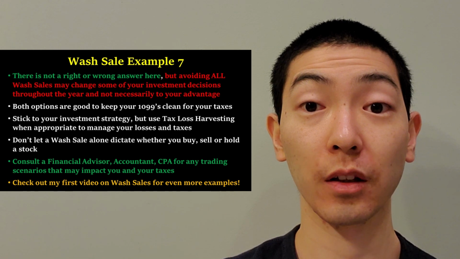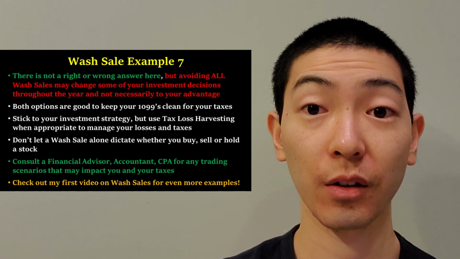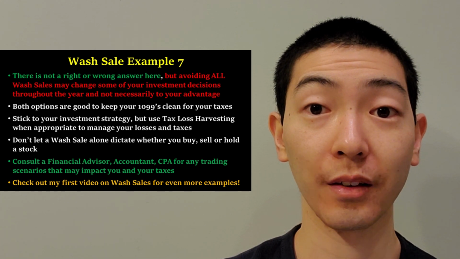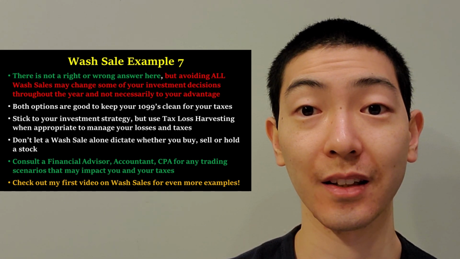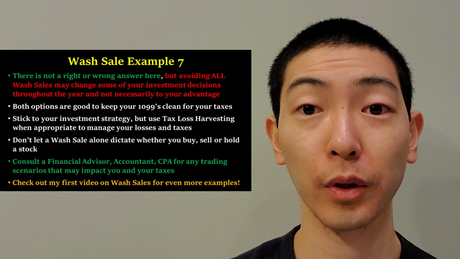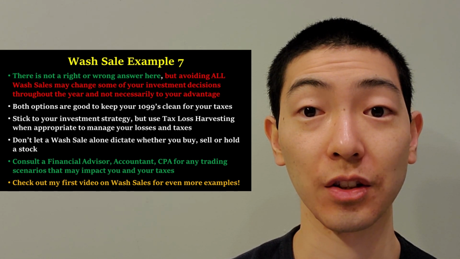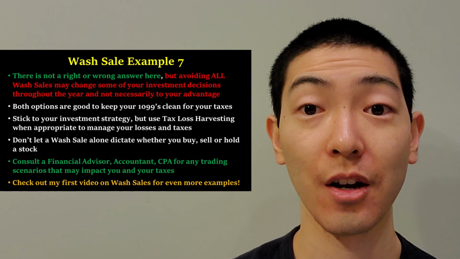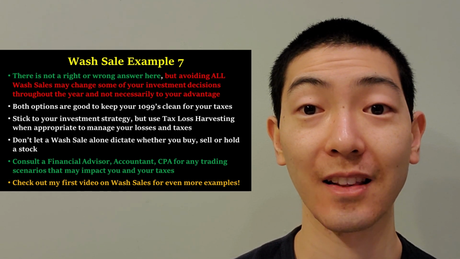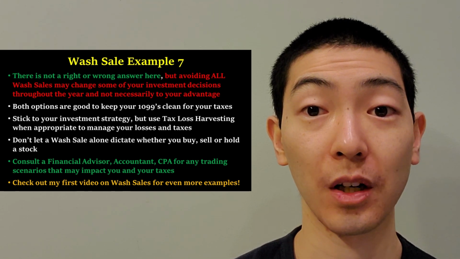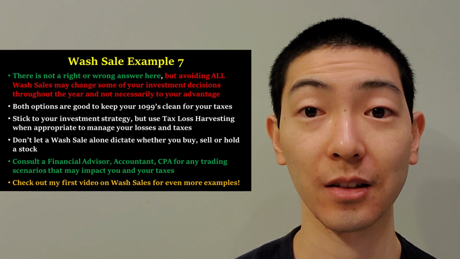There is nothing wrong with closing everything towards the end of the year or just avoiding wash sales, but if I had to pick only one, I'd say the first option I think is slightly better, because avoiding all wash sales can potentially cause you to make some investment decisions you otherwise might not have over the course of the year. And in the previous example, causing a wash sale intentionally may even help you in some rare cases.